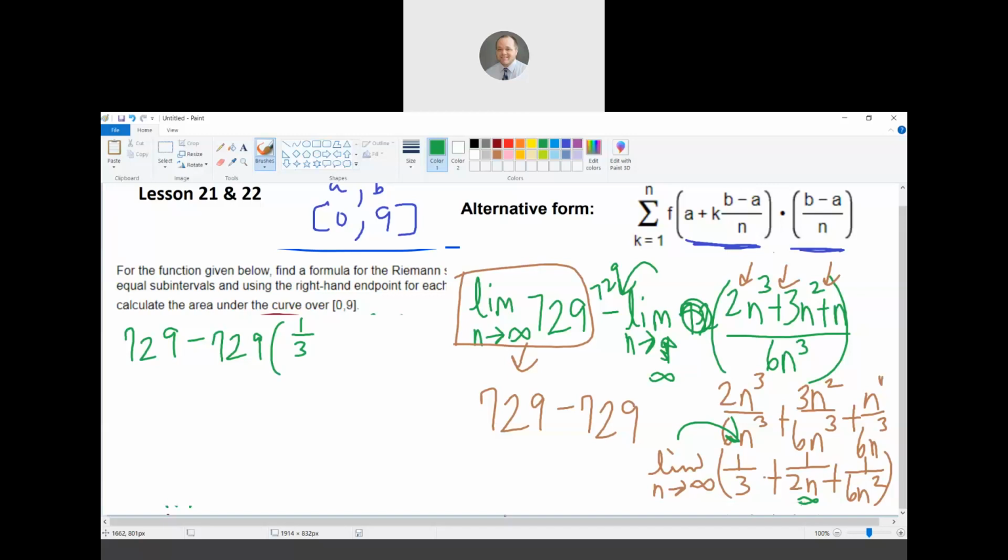So we can assume that any non-zero number over infinity is 0. The same thing happens when we plug infinity in for n with the third fraction. 1 over infinity also gives you 0.